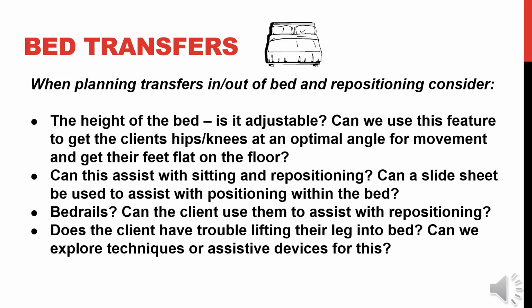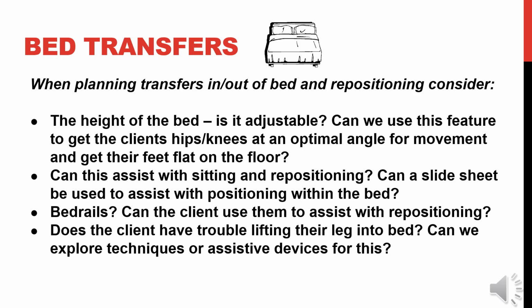When assisting a client with a bed transfer, you will need to consider the following: the height of the bed, and is this an adjustable bed? If it is an adjustable bed, we would like to use this feature to optimize positioning. In other words, let's get the client's hips and knees at an optimal angle for movement and to help get their feet flat on the floor.